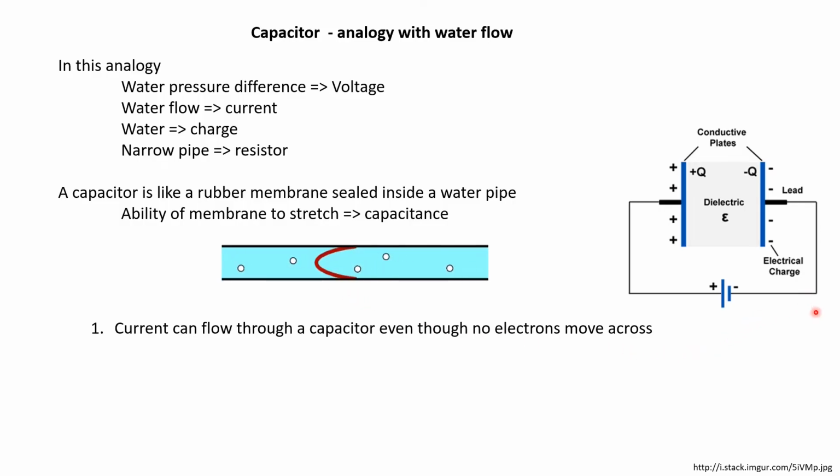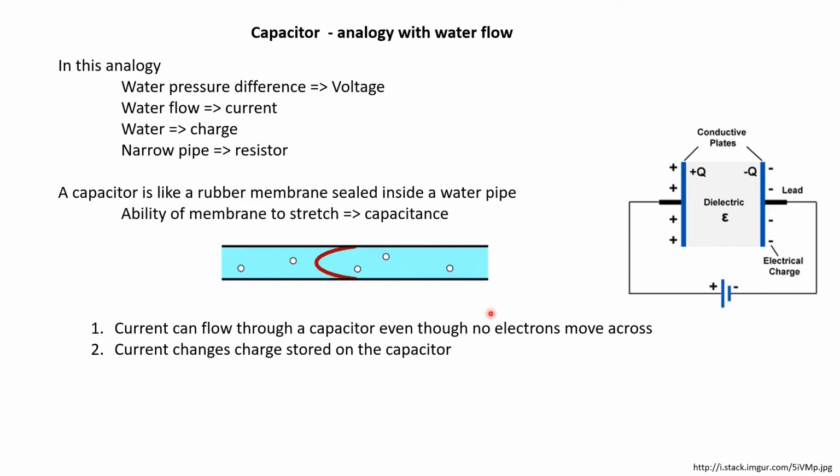Similarly, in the case of an electrical circuit, when you have this capacitor and you apply a voltage here, you can have current moving through this circuit even though no charged molecules actually cross this insulator. But you could still have positive charge moving in this direction and positive charge moving in this direction.